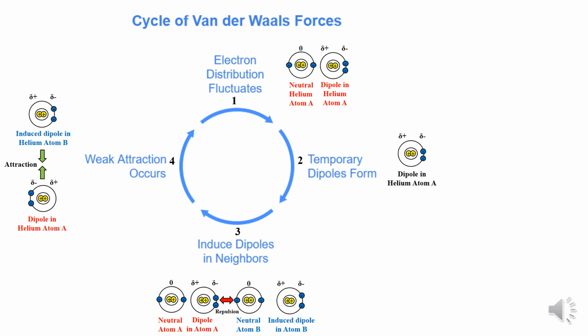And that is how a weak attractive force exists between neutral monoatomic noble gas like helium. So it's all about development of dipoles and interaction between these two dipoles in corresponding atoms or molecules, leading to weak attractive force.